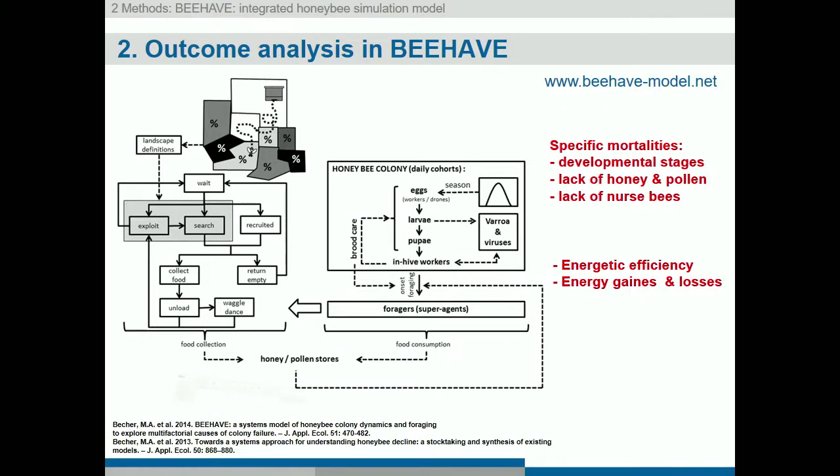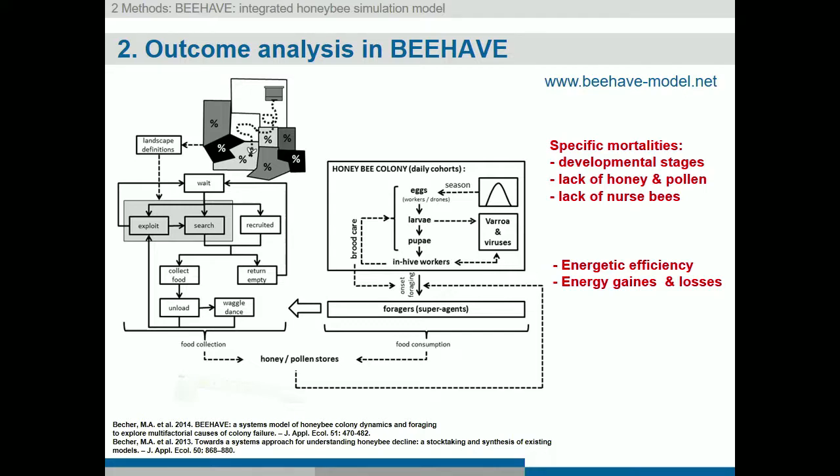The outcomes of the ecological focus area scenarios we analyzed in the model BEEHAVE, which integrates a colony module that describes the colony structure and dynamics, which are influenced by the colony stores and also by specific mortalities of the different life stages.